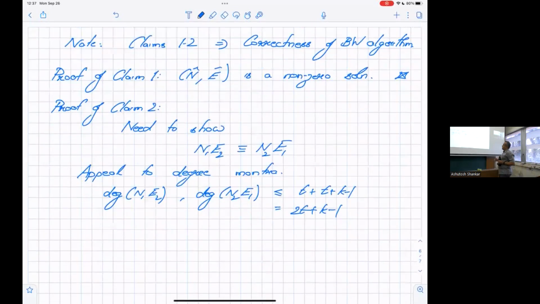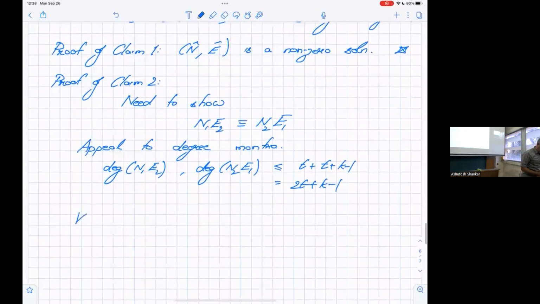Let's look at how many places there are. For all i in n, we have n1 alpha i, e2 alpha i. This is by construction. This is beta i, e1 alpha i.